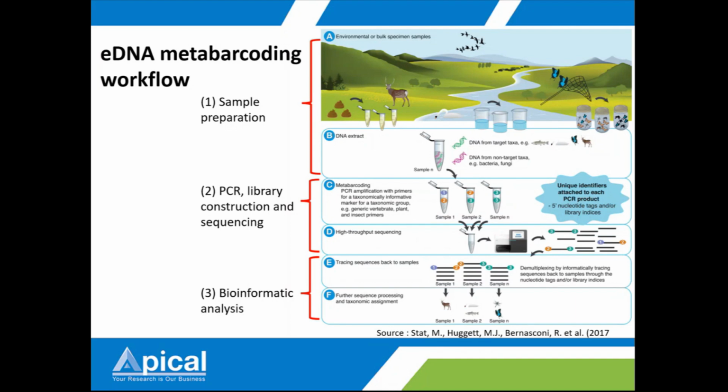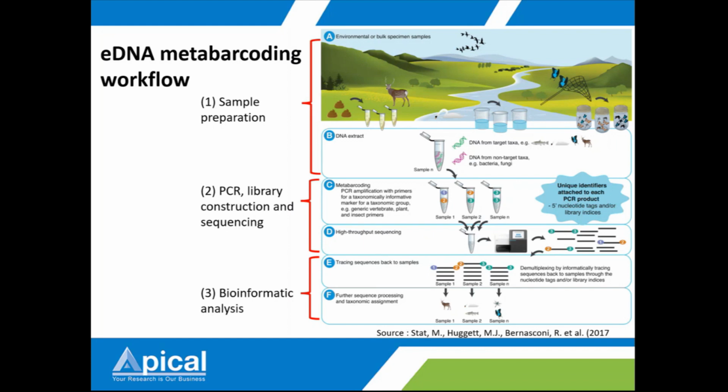Once you PCR the samples, you can use this amplified DNA for library construction. For example, if you use MiSeq, then you can ligate the Illumina adapters. Once the library is constructed, you can start the sequencing.